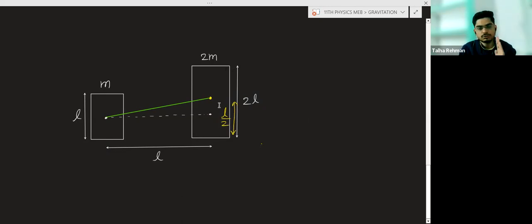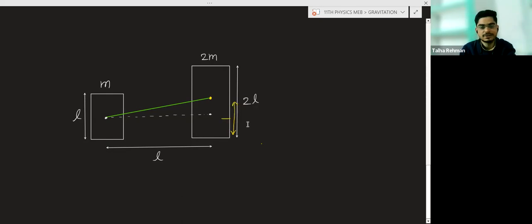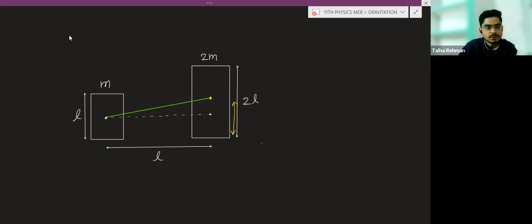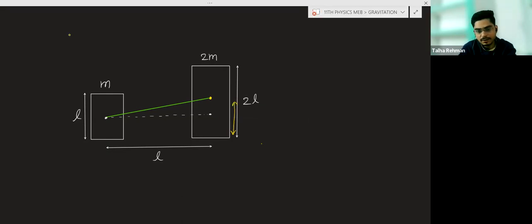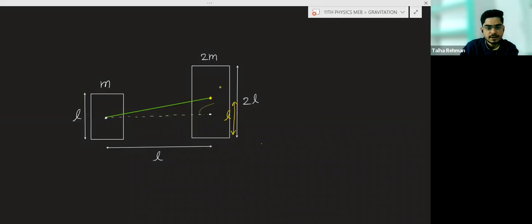Sorry, this is not L by 2, this is L. Understanding now why L? Because the center of this will be at half the distance, at L, from the bottom or from the top.